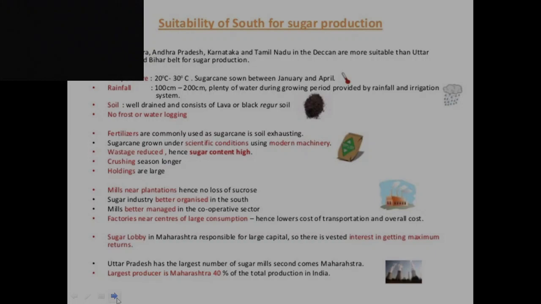The sugar industry is better organized in the south than in north India. Factories are near centers of large consumers, hence the lower cost of transportation and overall cost. So, contrary to North India, all the benefits and all the conveniences are available. That's why you can say the South is suitable for sugar production.